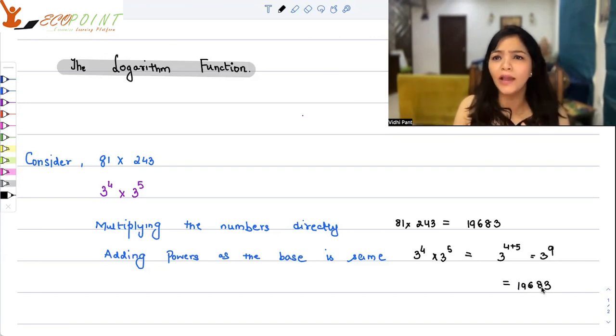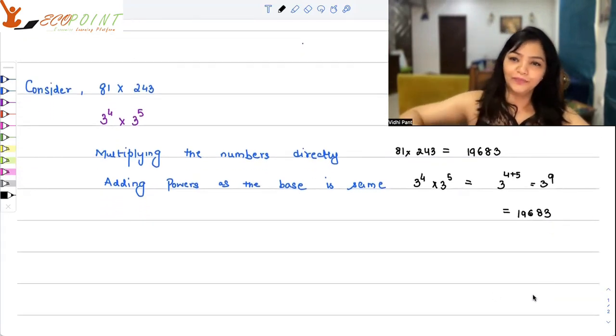You must be thinking, why are we talking about it? Because logarithm is a direct link to this concept where we are talking about exponents, powers. How?